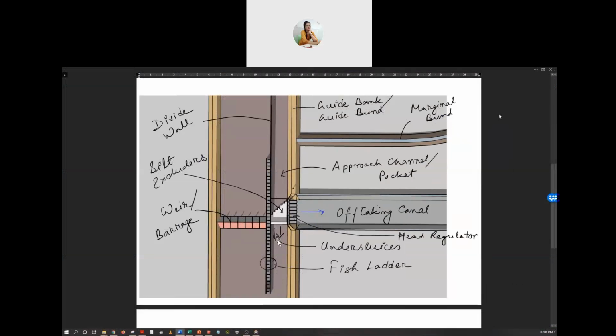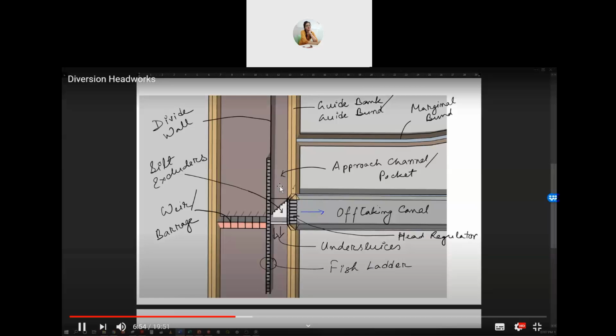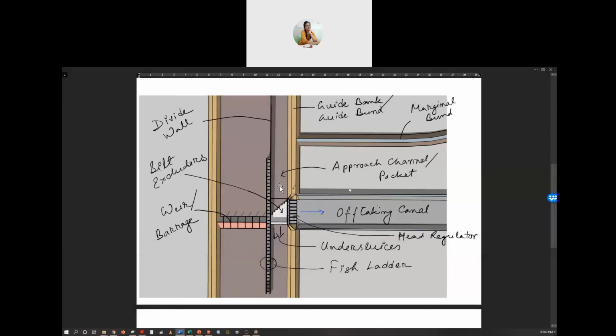Now, this portion, which is just in front of this off-taking canal, is called the approach channel or pocket. Here, the water is generally steady and calm because no secondary current is allowed to form, because we have provided this divide wall here. And in this divide wall itself, we can provide something called a fish ladder.